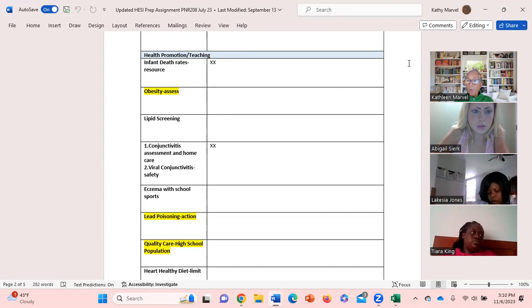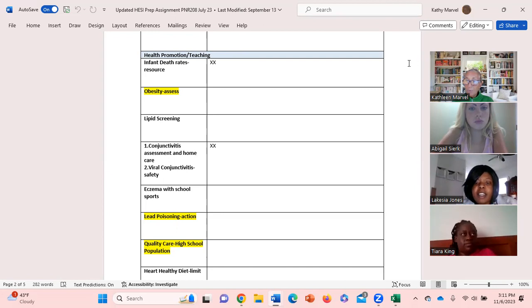Okay, eczema with school sports. Why are they asking about that? What do you think they're going to ask about eczema in school sports? Eczema is dry skin, right? But why is it related to school sports? Some things could be related, because I know grass can irritate eczema, because my daughter has it.